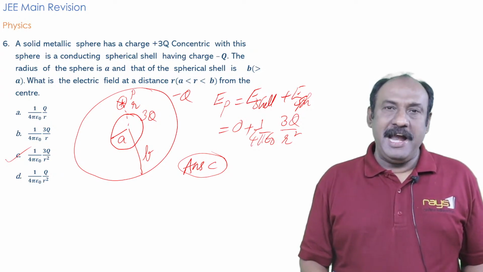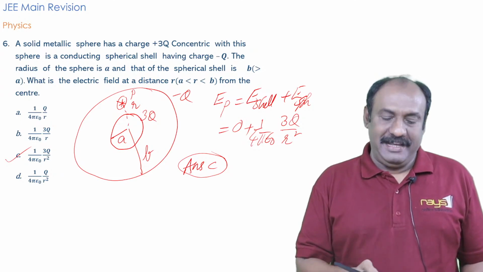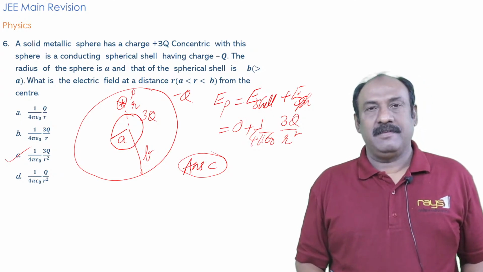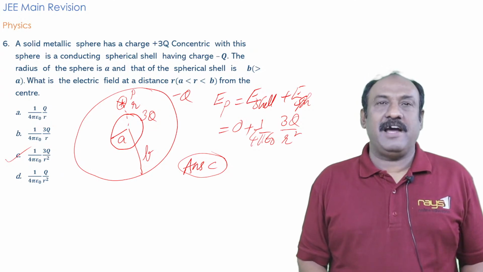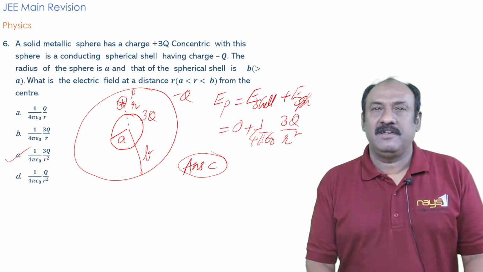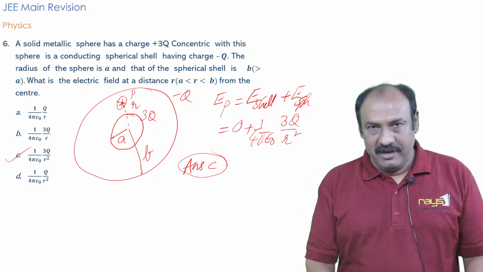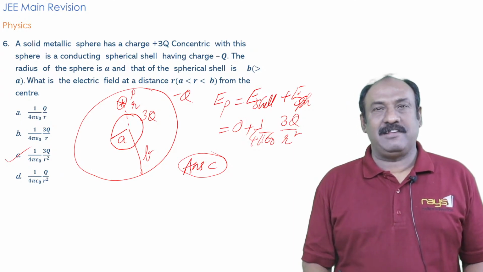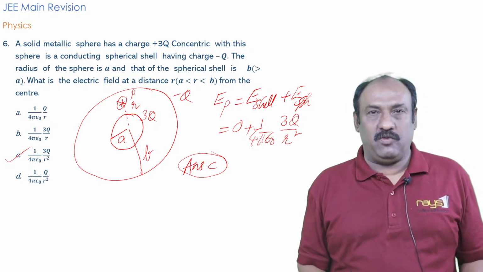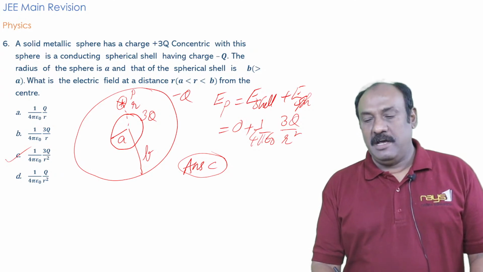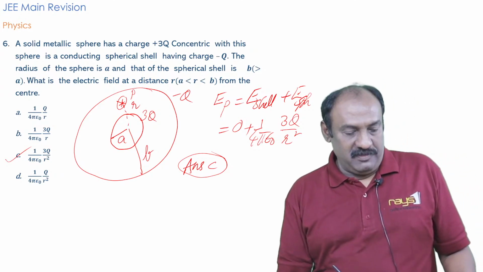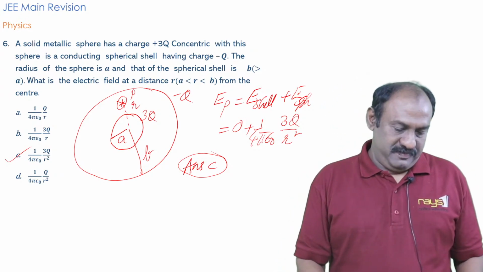So the respective point is at a distance r from the point charge. So what is electric field intensity at a point due to a point charge? 1 by 4 pi epsilon naught q by r square. Instead of q, I replace it as 3q. So it is 1 by 4 pi epsilon naught 3q by r square is the answer for question number 6.